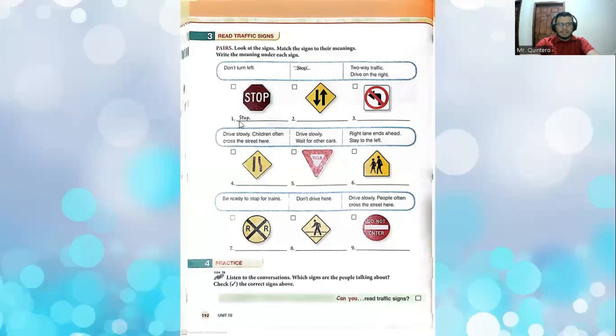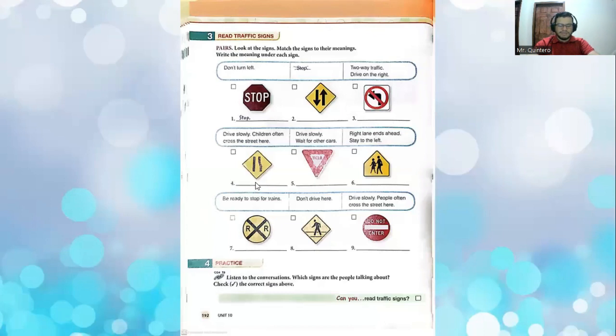So what's the number one? Stop. What's the number two? You're gonna check. Two-way traffic, drive on the right. Number three, don't turn left.